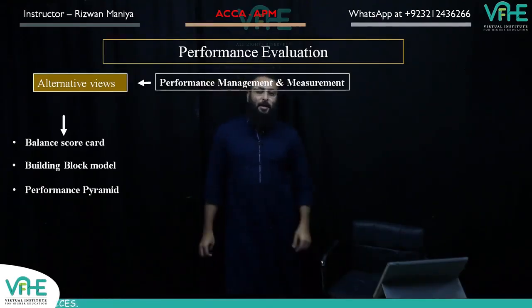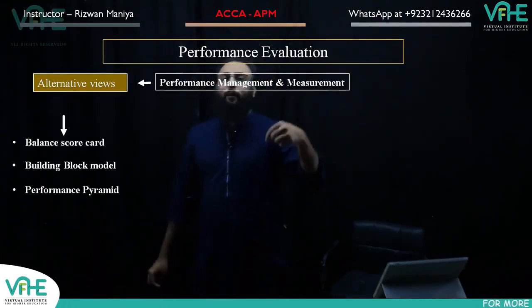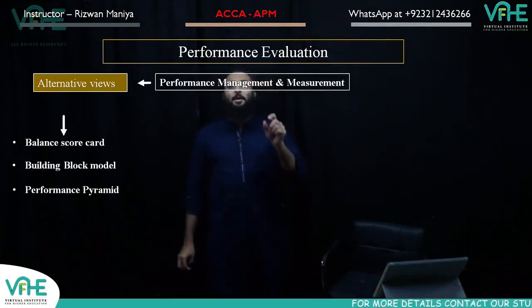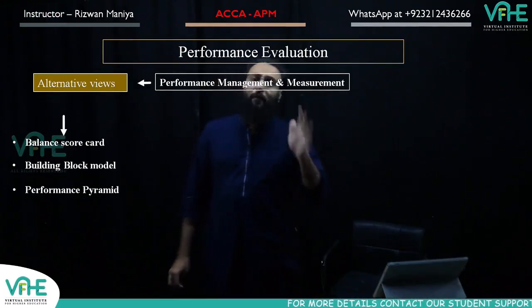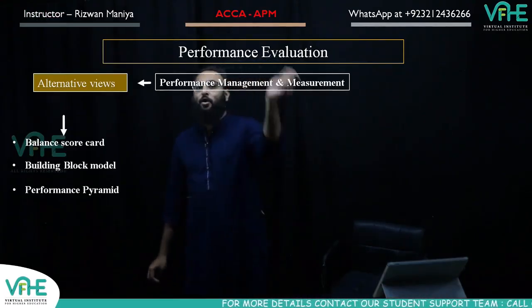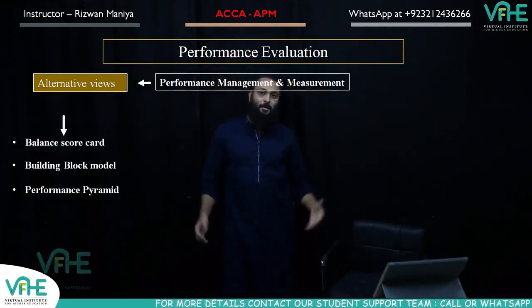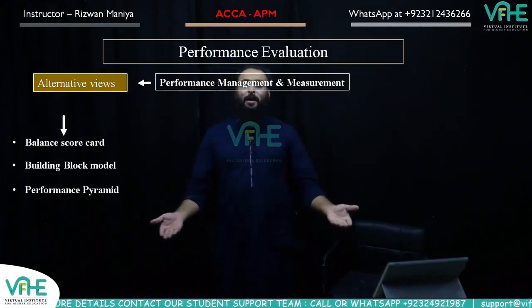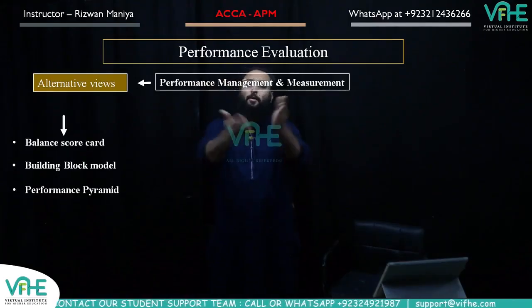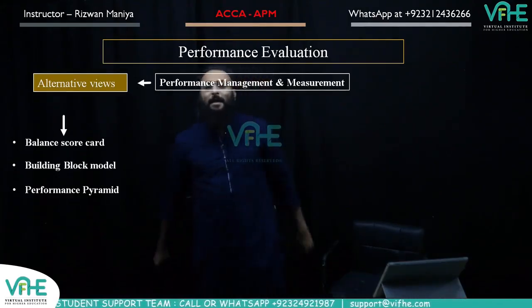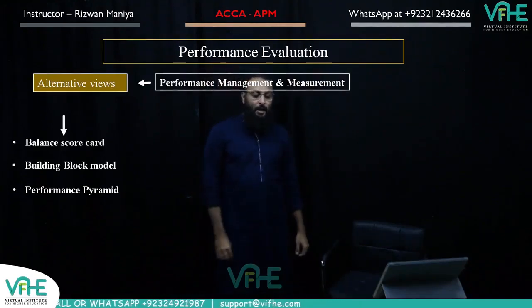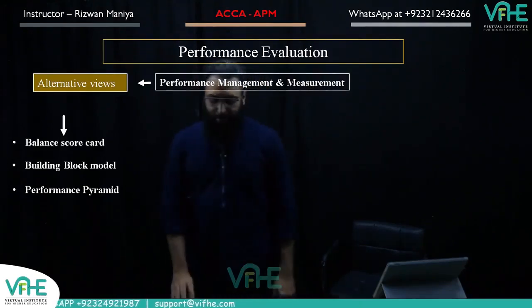If percentage productivity improves at level 3, it will help to improve financials, which means percentage gross profit margin and net profit margin will improve, which means your vision will be achieved. So level 4 KPI improvement achieves levels 3, 2 and 1. This is the performance pyramid, considering the hierarchy of the organization.